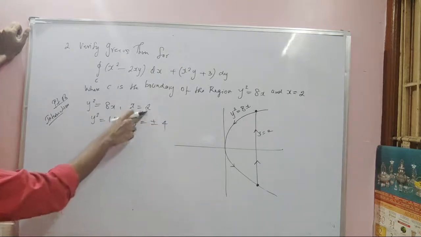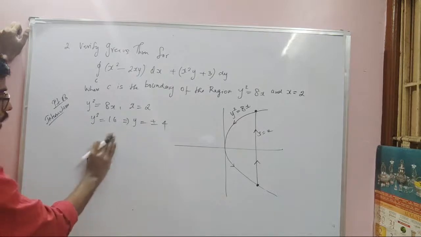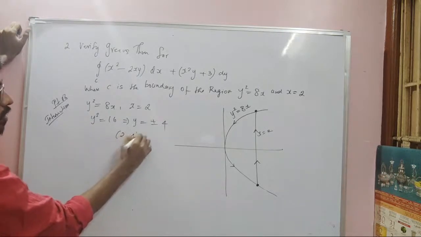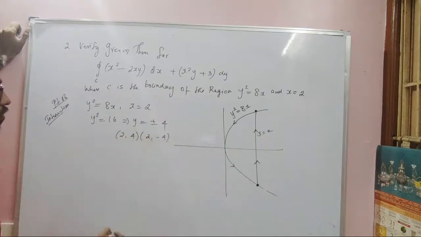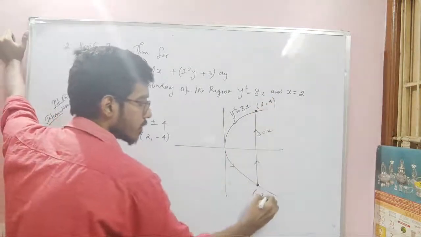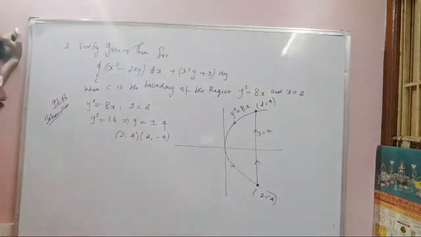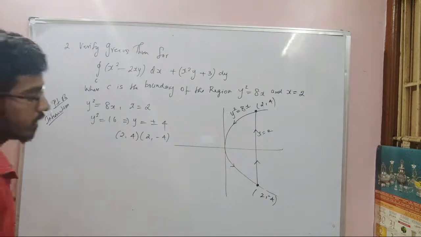That means for x is equal to 2, we have y equal to plus 4 and minus 4. That means the points of intersection are (2, 4) and (2, minus 4). Right?